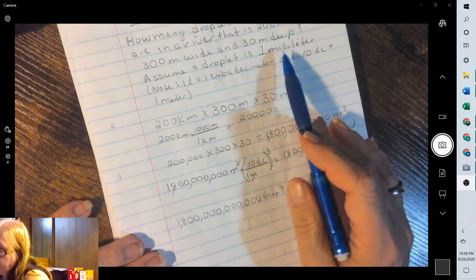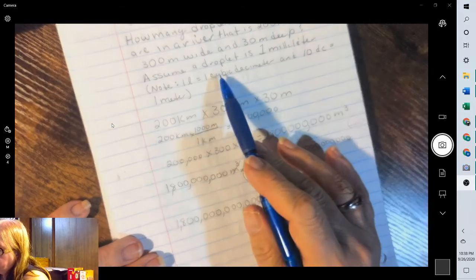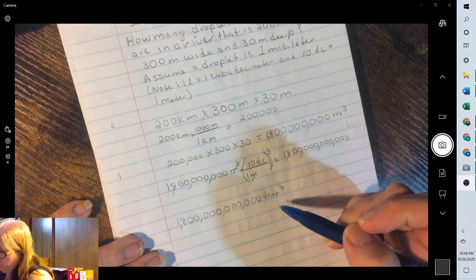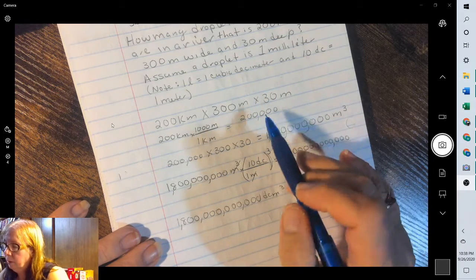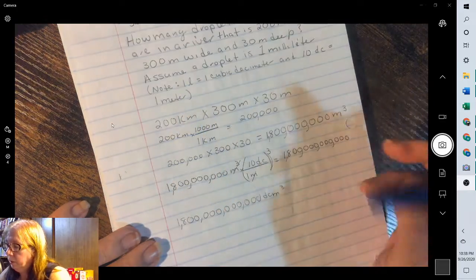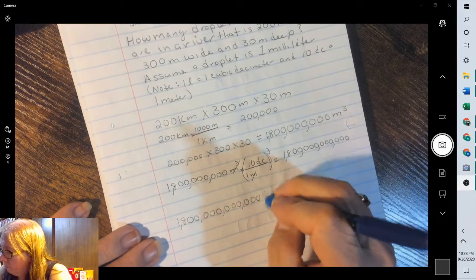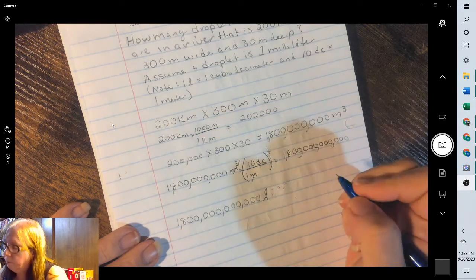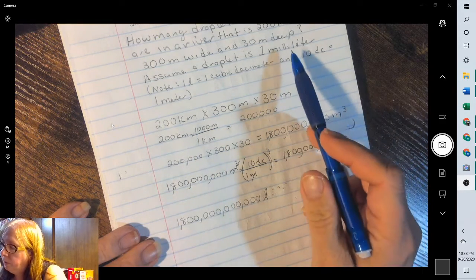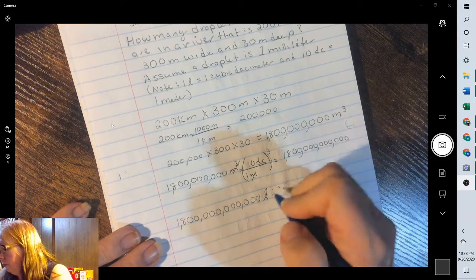And we know that 1 liter is a cubic decimeter, which means this is the same as a liter. So this is the same as this. And then we want to change it to milliliters.